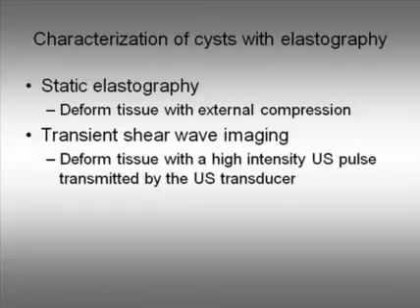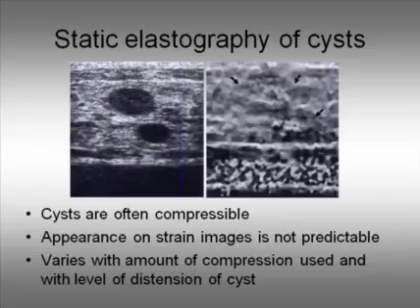I'm going to take a look at both static elastography and transient shear wave imaging with cysts. So we know from clinical exam that benign cysts are often very soft and compressible. And in fact, on static elastography, these soft compressible cysts will produce negative elastograms.